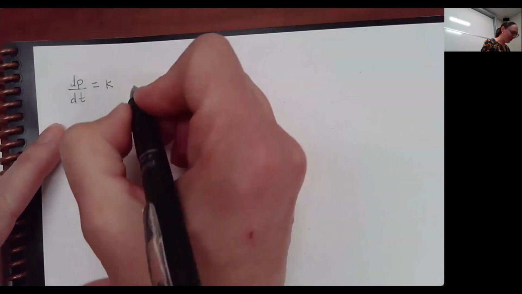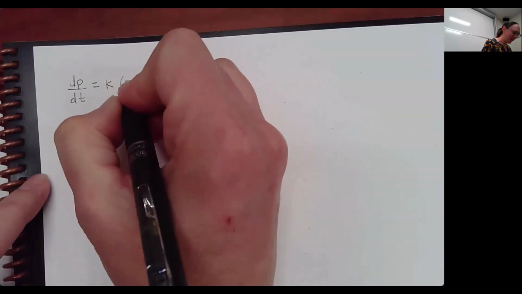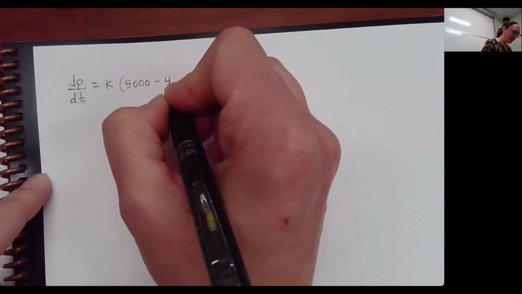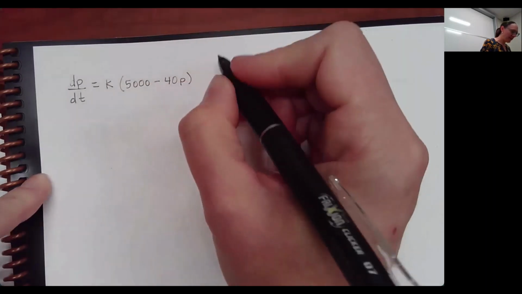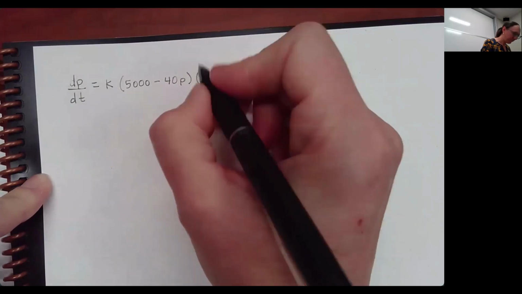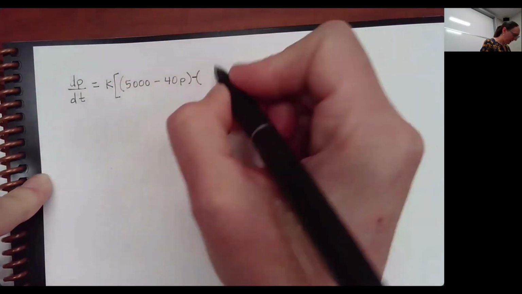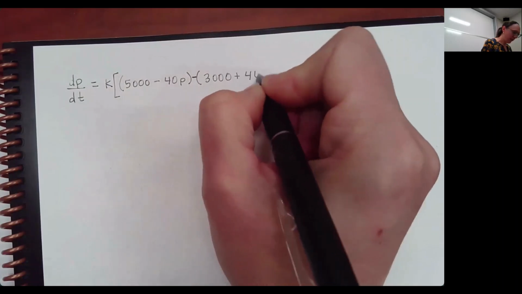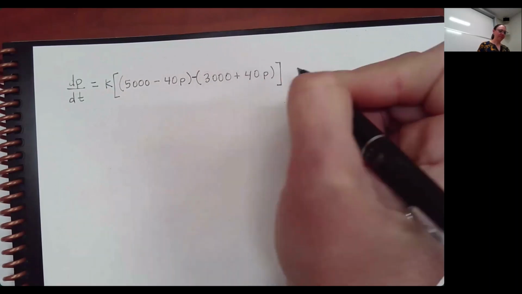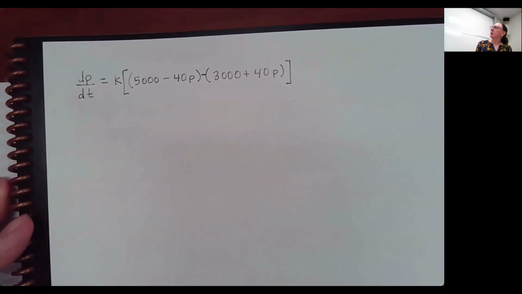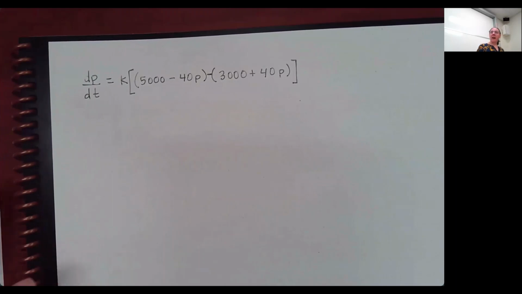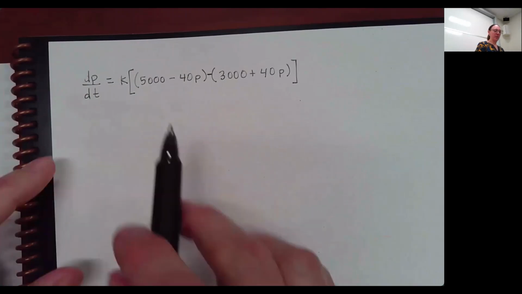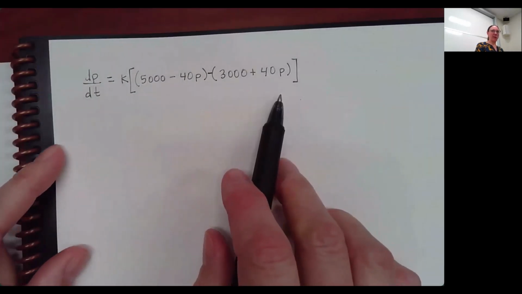So dp/dt is proportional to our demand function, 5,000 minus 40p, minus our supply function, 3,000 plus 40p. So this happens to be autonomous, which means I know it's going to be separable, but I probably want to do a little work to clean that up before I try to separate it.